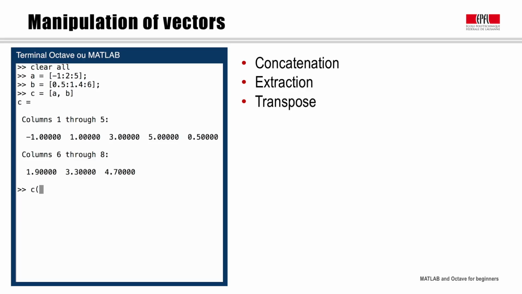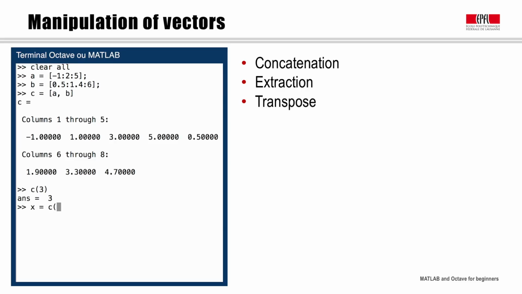Now I can also extract values from this new variable c. So I can take c3 and it gives me the third element of this vector. I can even have a new vector x which is equal to some of the entries of c.